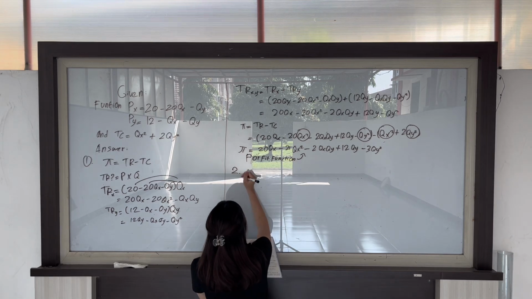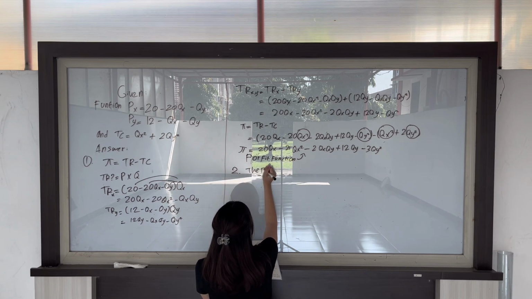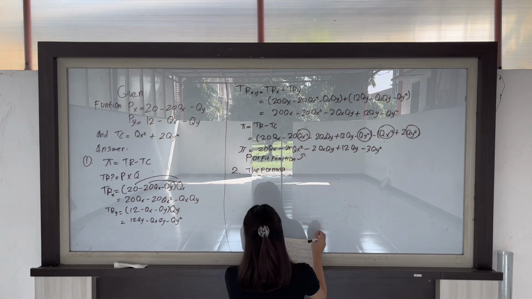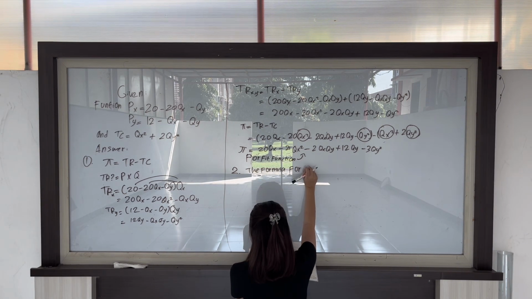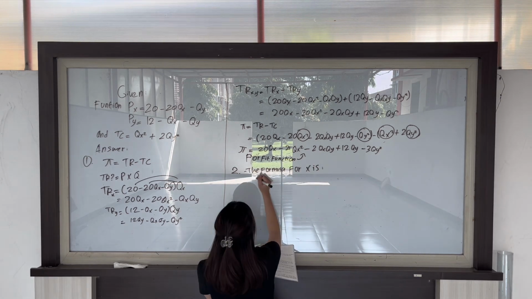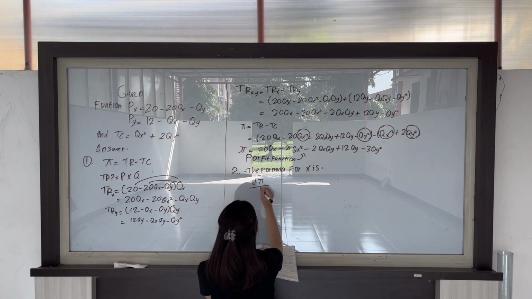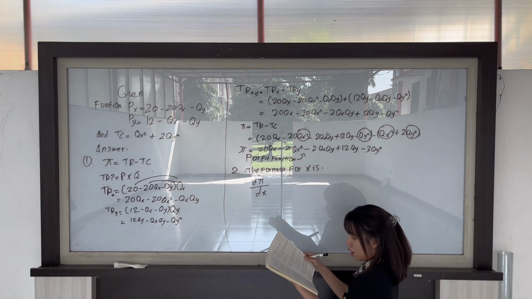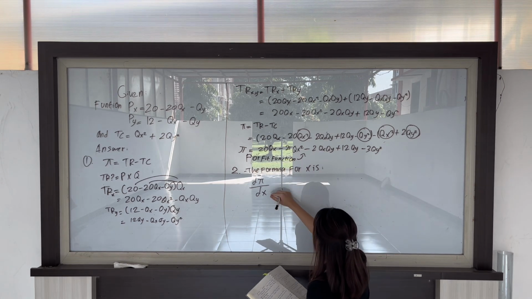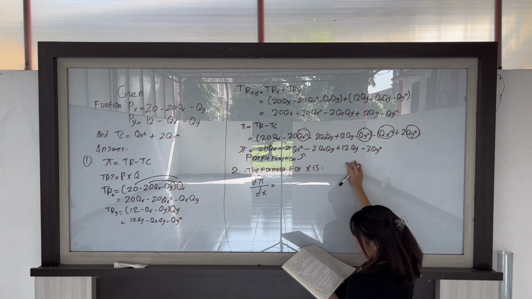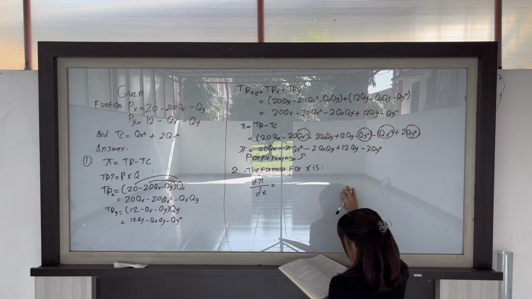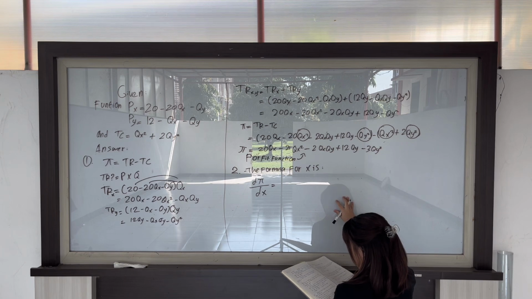We write the formula for x: dou P over dou x. To solve this, we look at the profit function and identify which parts contain the x variable.